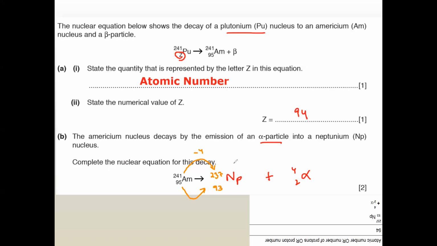So americium turned into neptunium by emitting out an alpha particle. And whenever there's an alpha emission, alpha particle means 2 protons and 2 neutrons are coming out from the nucleus. So the atomic mass will decrease by 4 and atomic number will decrease by 2.